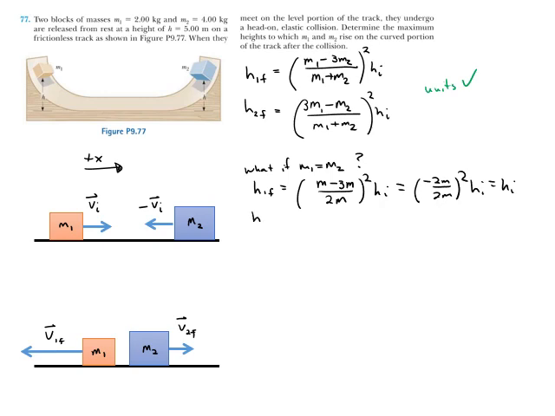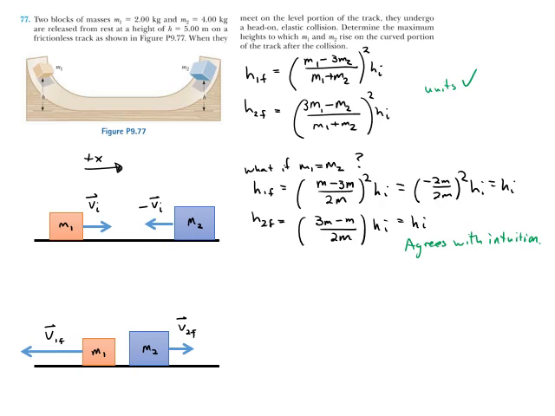And the same thing is true for h2f, right? I get 3m minus m over 2m times hi, which is just hi. So at least this agrees with our intuition, that if the masses are identical, they'll just go back up to the initial height.